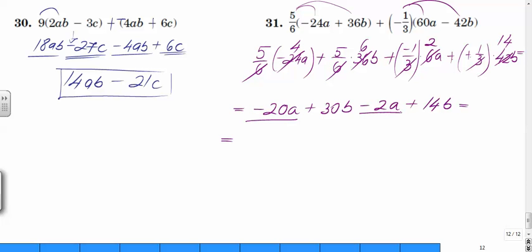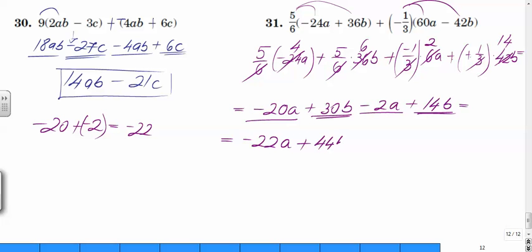Equals, right? Negative 20a minus 2a will be what? Negative 20 minus 2. You add the opposite, negative 20 plus negative 2 will be negative 22. So I have negative 22a, 30b plus 14b will be positive 44b.